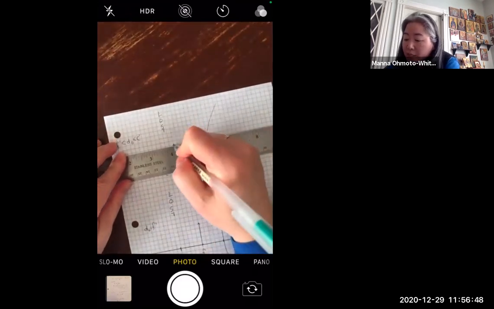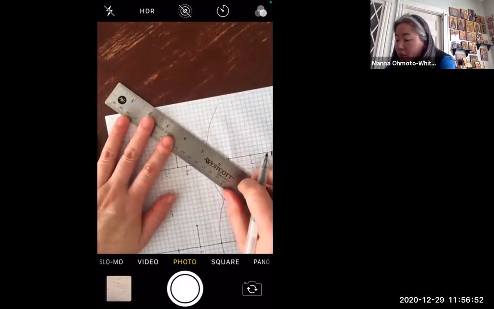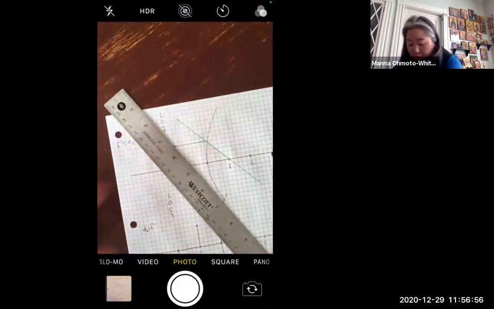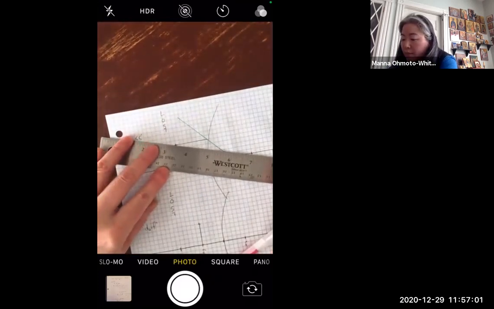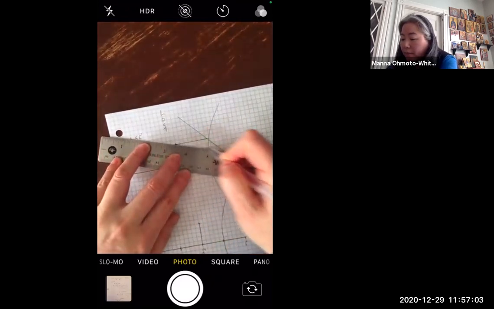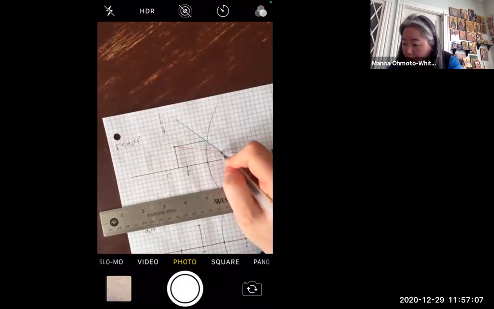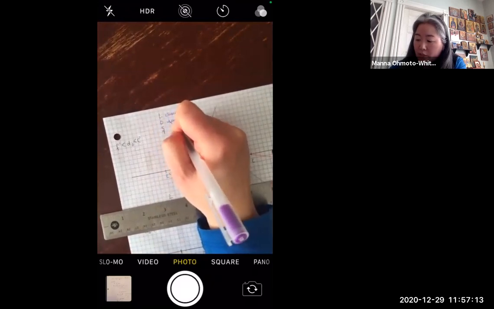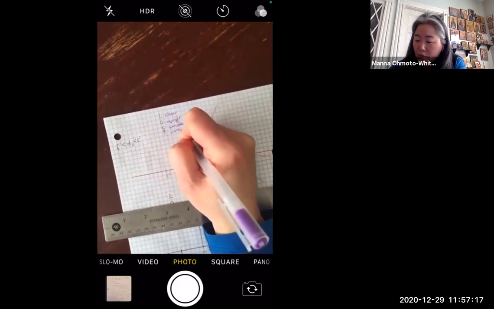And I've kept my object the same size and my focal point is the same so that you can start to see the difference. So still closer, upright, smaller, virtual.